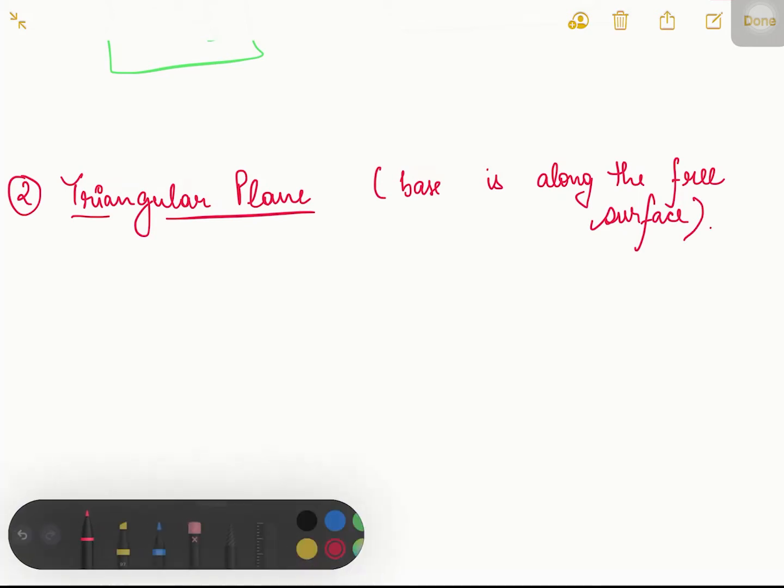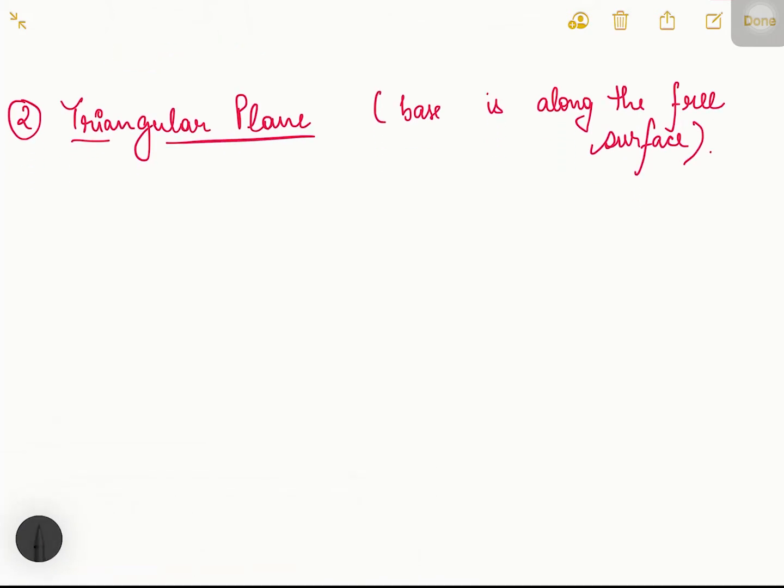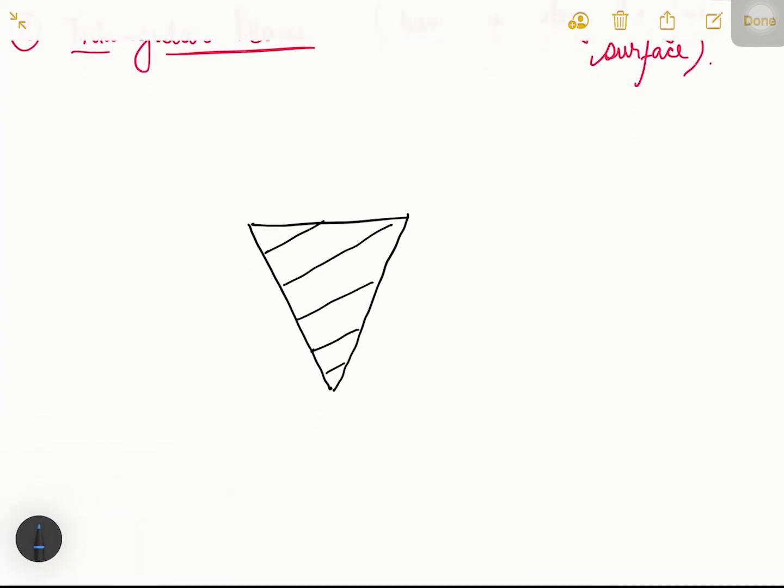Now let us quickly draw the construction for this. So this is your triangular plane, and this is your free surface.